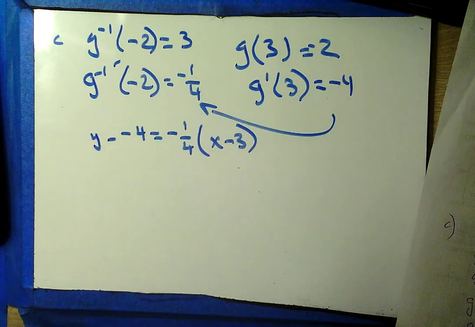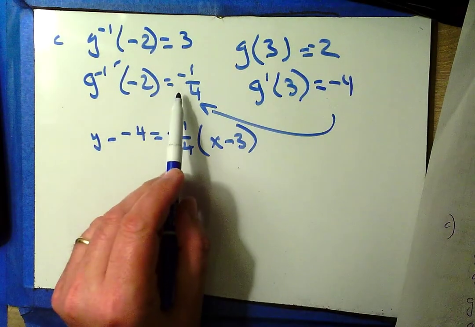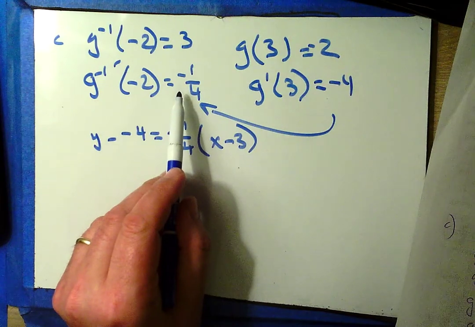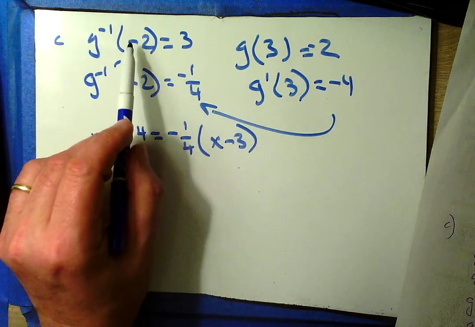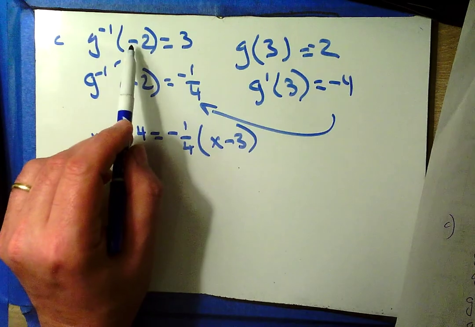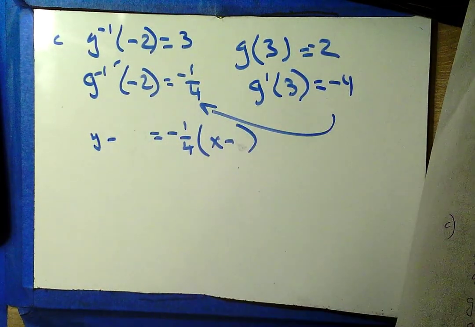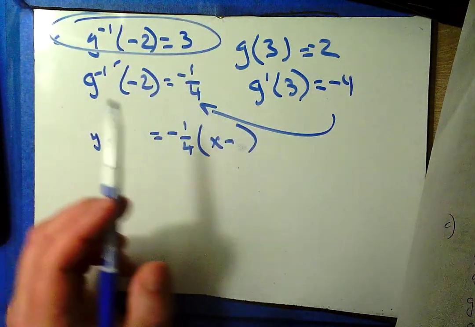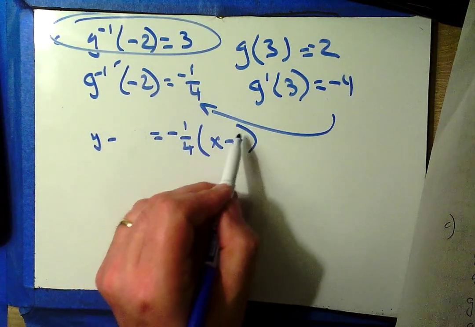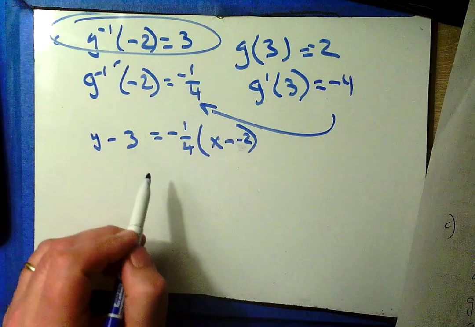Why is my answer different? I've got the negative 1/4. Sorry, I used the derivative information, not the point on the inverse function. So this is a minus 2, and this is a 3.